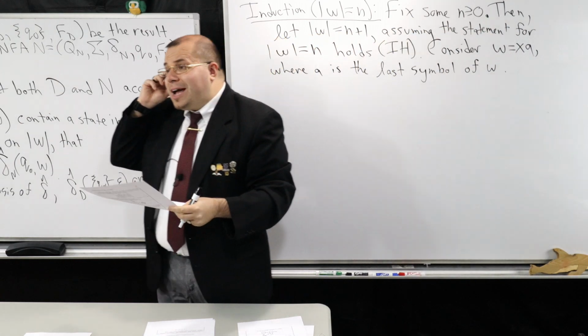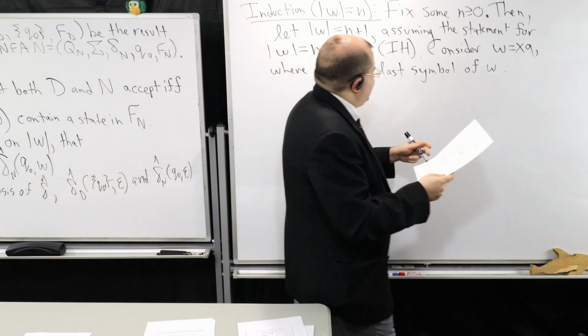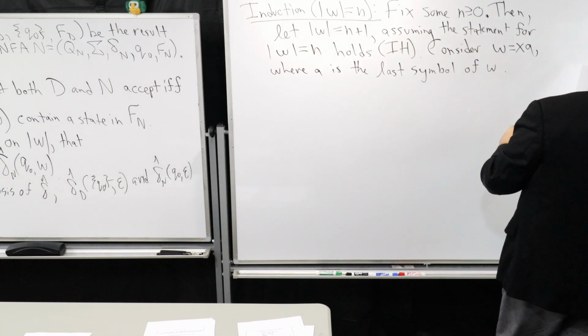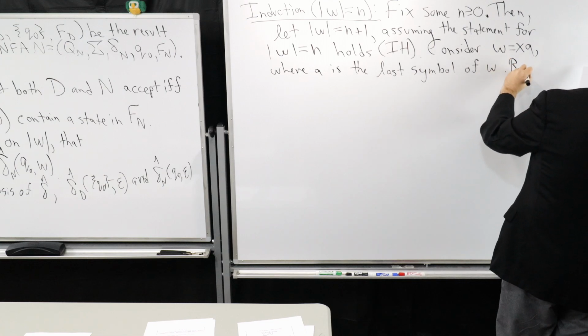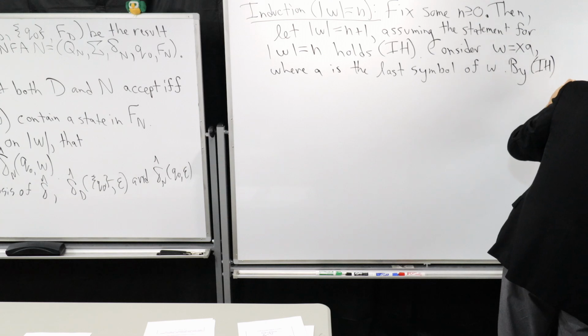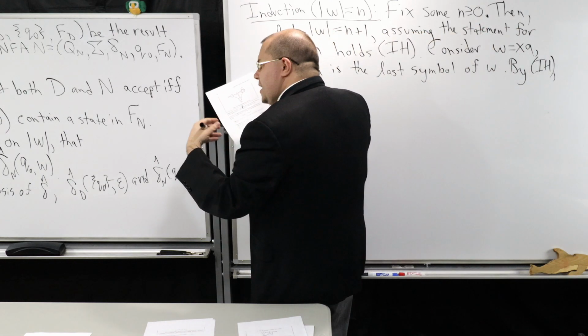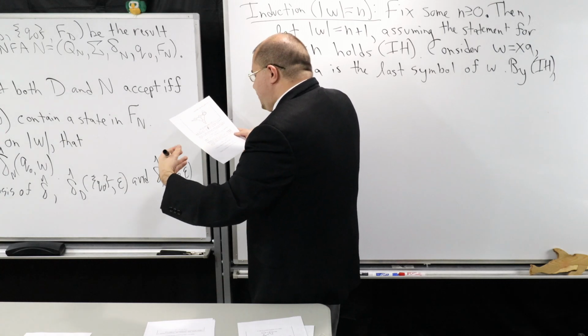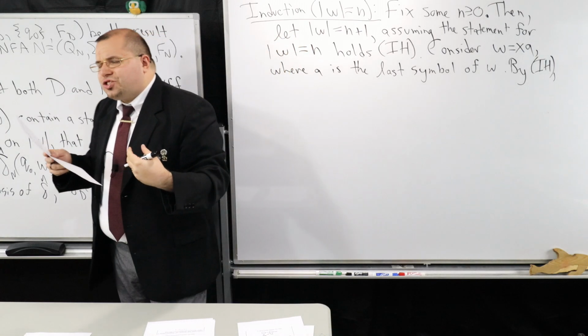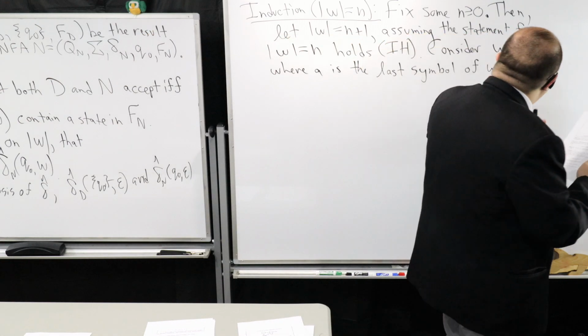So now here's where I wouldn't call it magic. It's not really magic at all. It's just mathematical induction. By the induction hypothesis, by IH, what can I say? Well, I'm going to consider it for length n. But what's a string of length n if you think about W when it's decomposed like this?